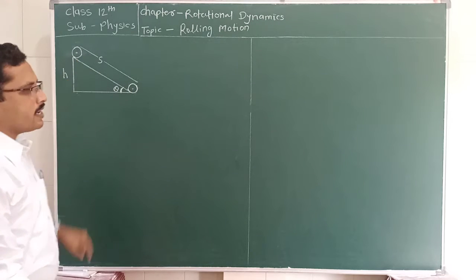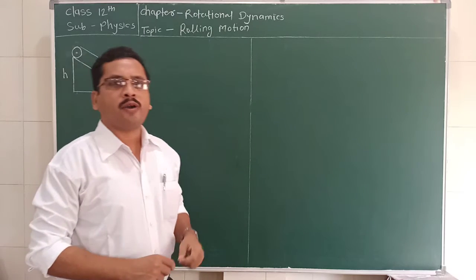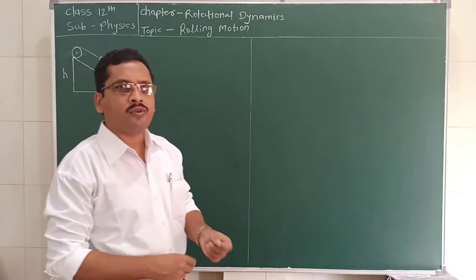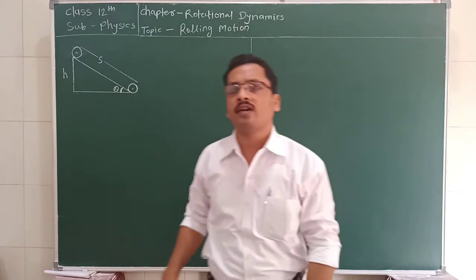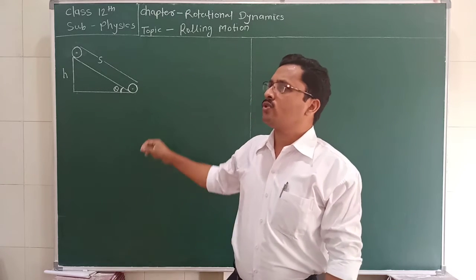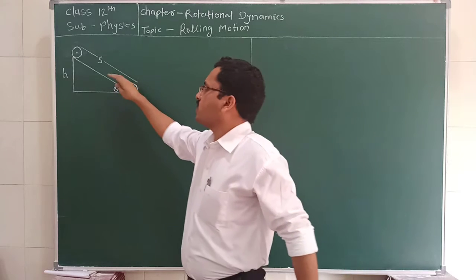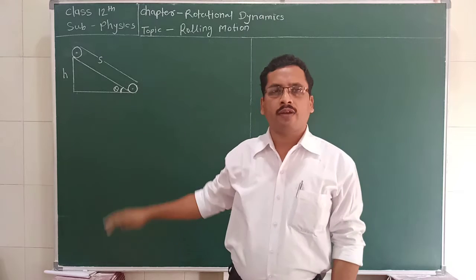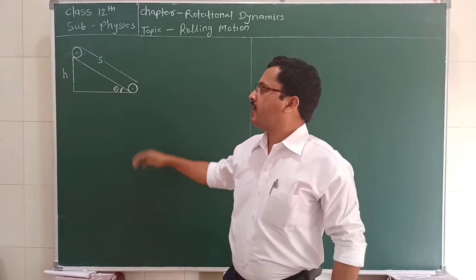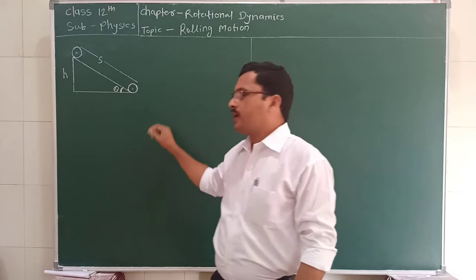Now, when this ring rolls on this inclined surface, it performs rolling motion, and we know rolling motion is nothing but the combination of translational motion as well as rotational motion. So we can derive a relation for the velocity and the acceleration of this ring when it is rolling down the inclined surface. Now how can we calculate this velocity? We can calculate it by using the kinematical equation.